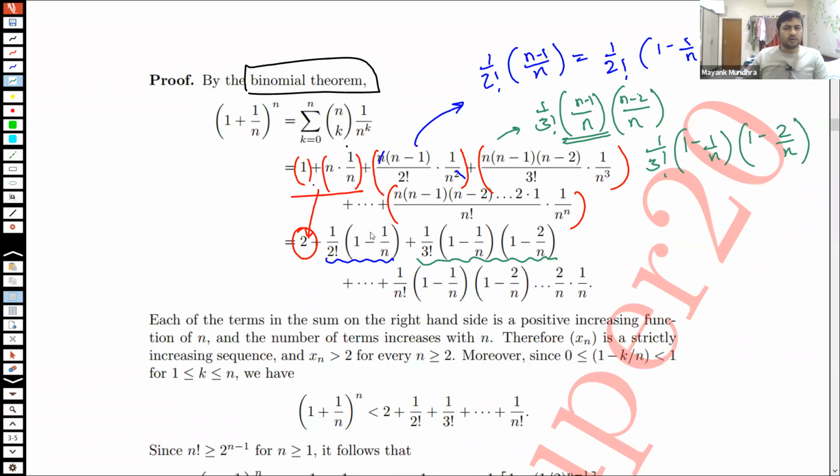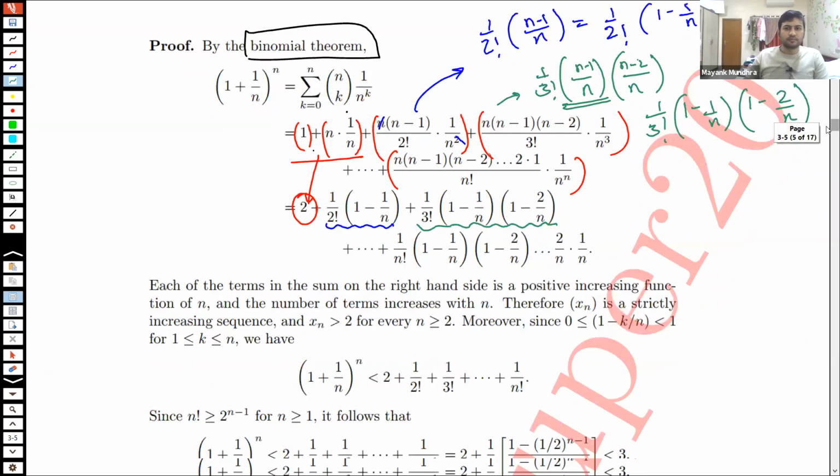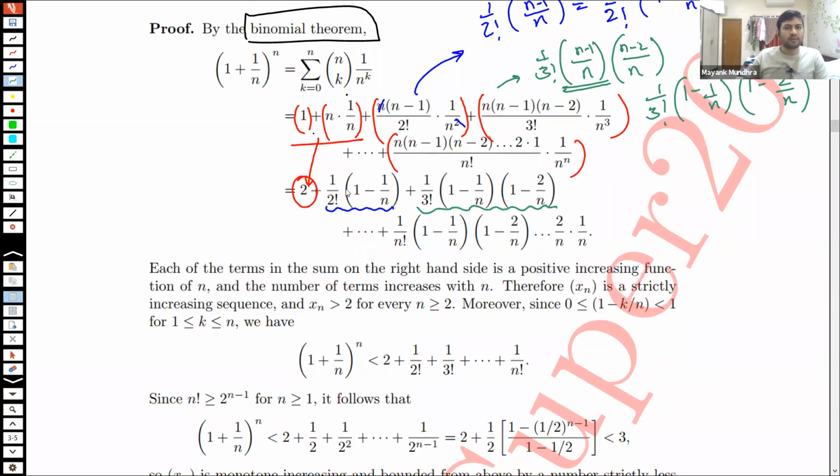So now, notice that 1 minus 1 by n, this thing is less than 1. This thing is less than 1. This thing is also. All these terms are less than 1 because you're subtracting something from 1. Okay, 1 minus 1 by n, 1 minus 2 by n.